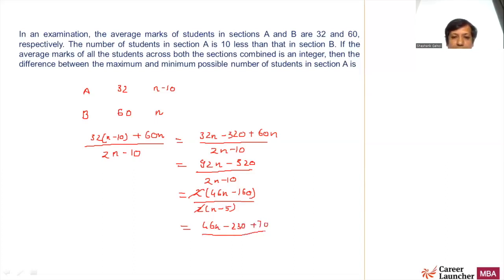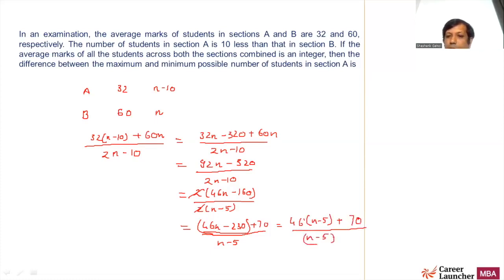Now I'll tell you why I am particularly doing this, so that I can take n minus 5 common in this. So here I'm going to take 46 common. I will be left with 46 times n minus 5 plus 70, divided by n minus 5.